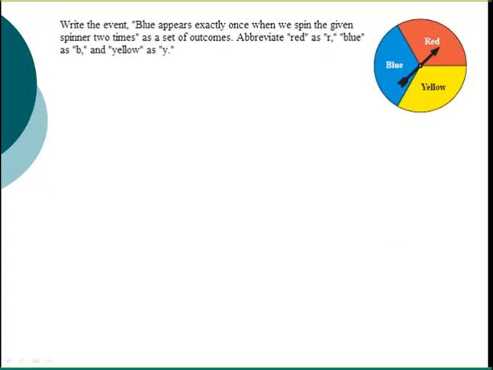We're looking for putting in my set the B in each grouping once. So we've got B, and then we spin twice, so the next one has to be R, or it could be B, Y. And that's it, because you have to have blue, and then the next one would be R, or blue, then yellow.